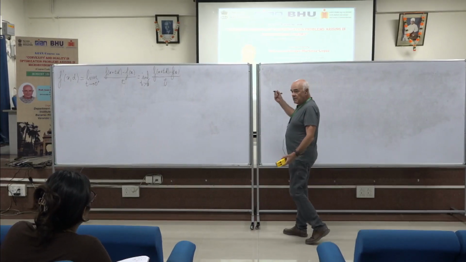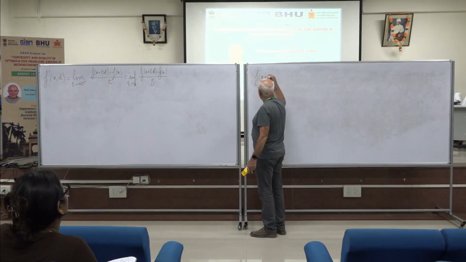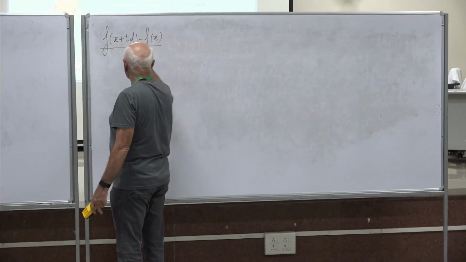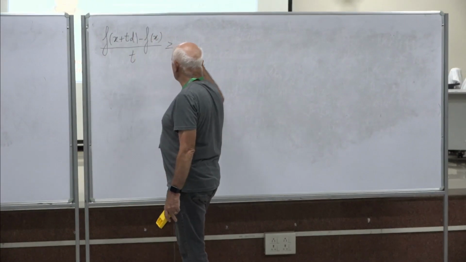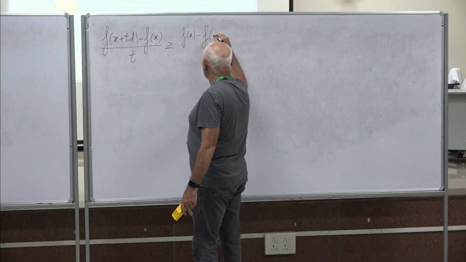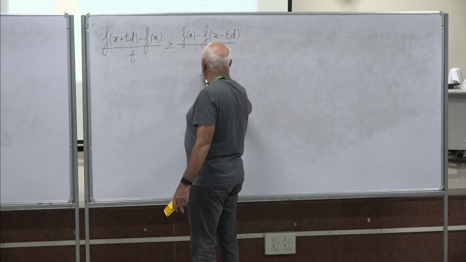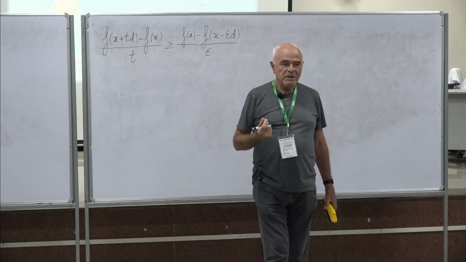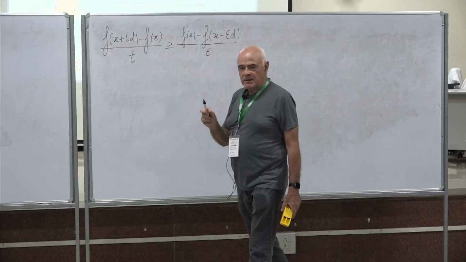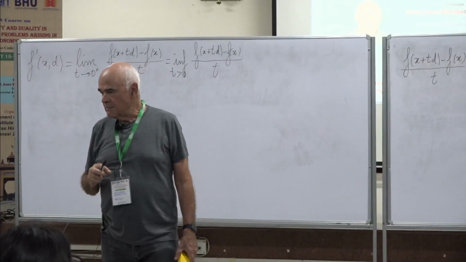Then what I was trying to use, or to prove, is the fact that for every t positive, this expression is greater than or equal to f of x minus epsilon d divided by epsilon, when epsilon is small enough so that x minus epsilon d is still in the domain of f, so that this value is finite.